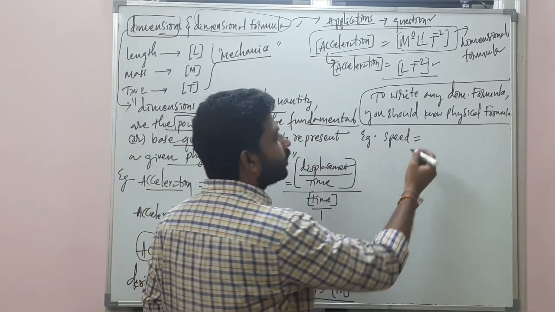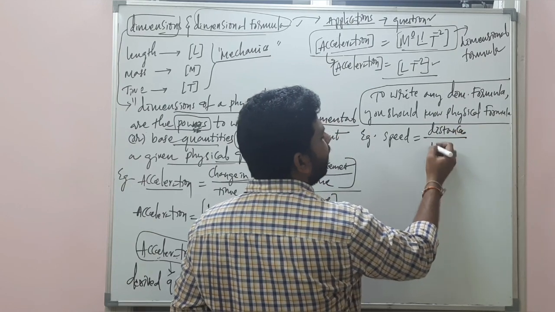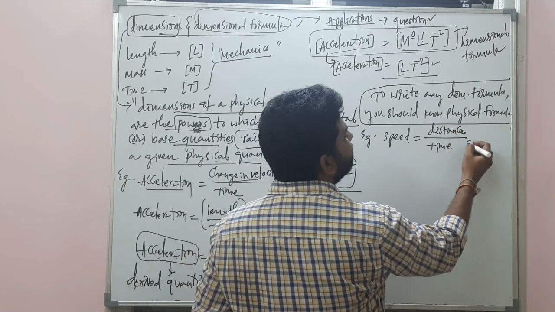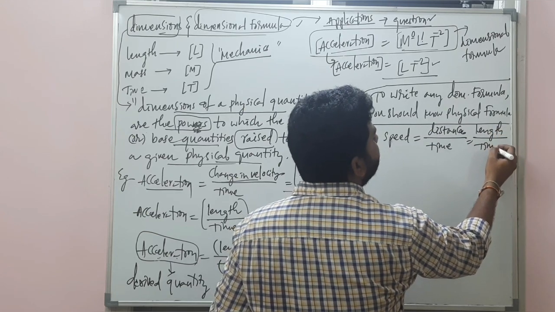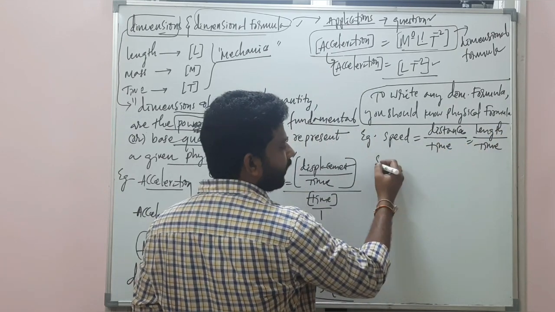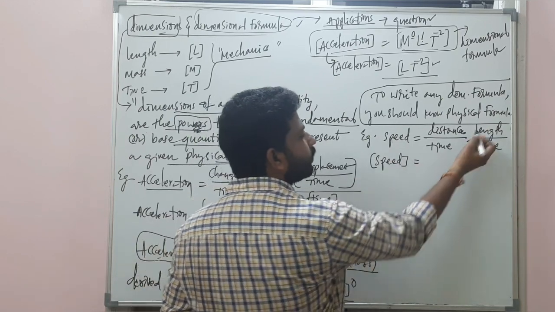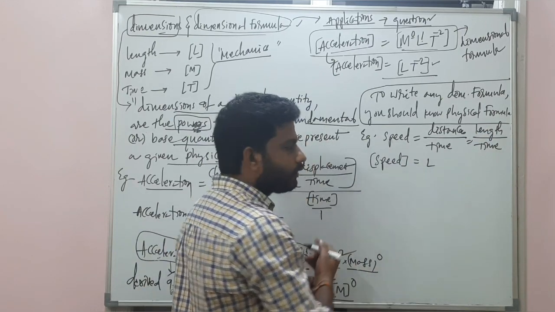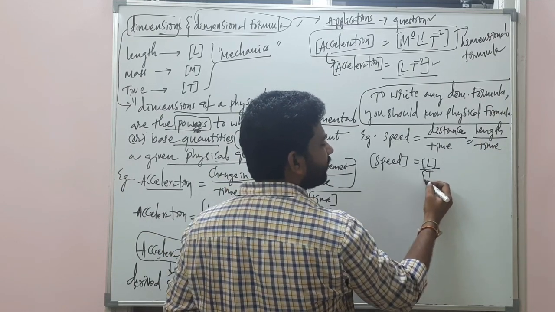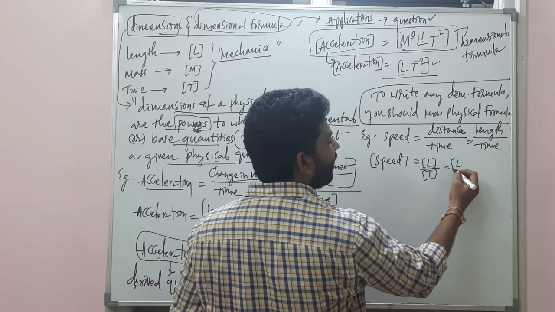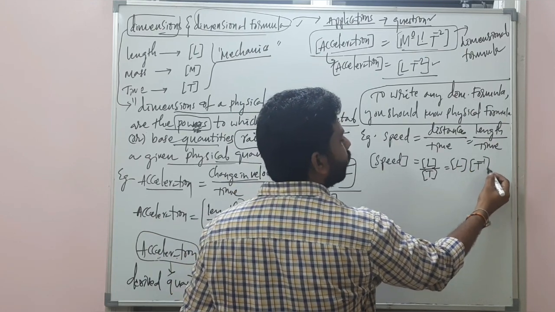Speed is equal to what? Distance divided by time. So distance is length, so the dimensional formula of speed is equal to the dimensions of length, L, divided by the dimensions of time, T. If this T goes to the numerator, it will be T minus 1.